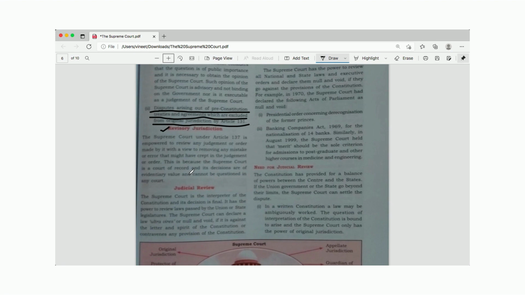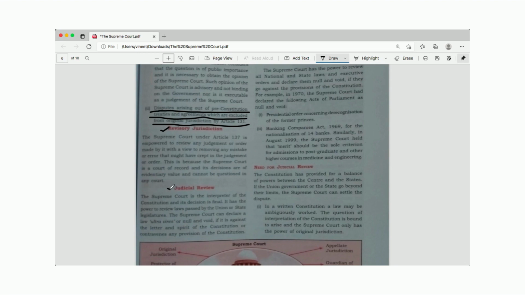This is known as revisory jurisdiction, because Supreme Court's judgments are taken as a record by other courts to follow. So that is why if they find an error has happened in their judgment previously, they might revise it. Like you revise your syllabus, in the same way they revise their own previous judgments. That comes under revisory jurisdiction of Supreme Court.